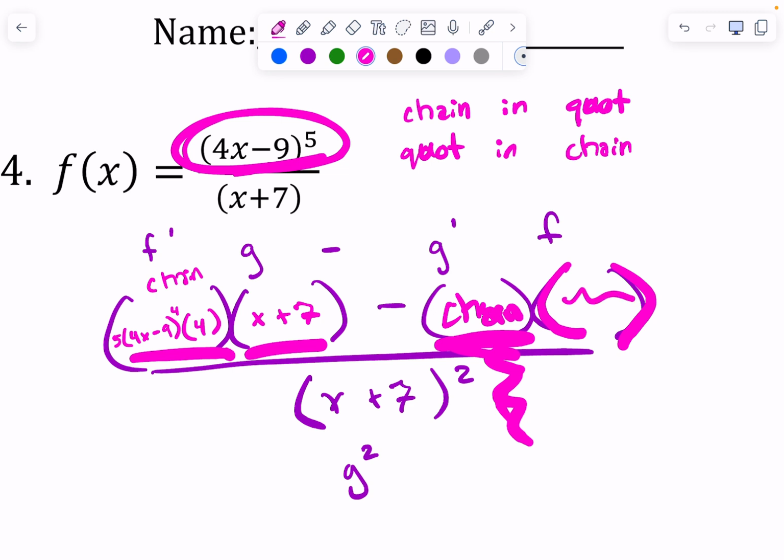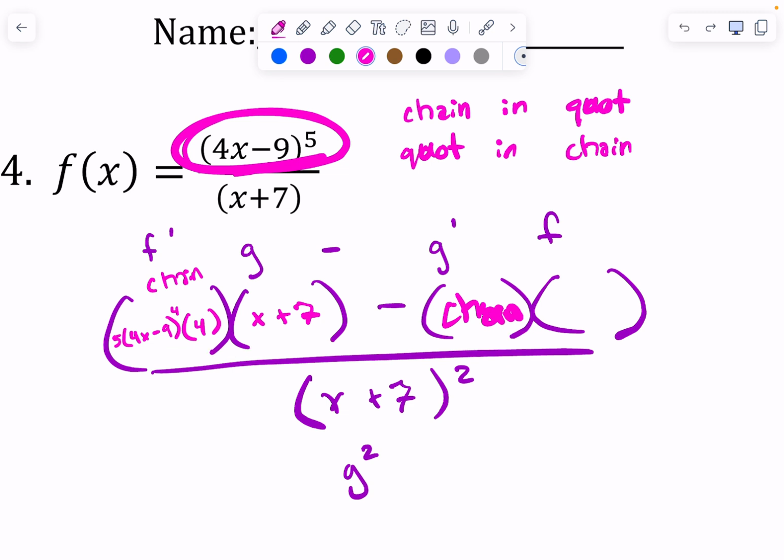Your chain is bring the 5 down in front, do the 4x minus 9 to the 5th power, and then you've got your 4 right here. So it looks like I have my 2 parts, but you don't, because you still have to do your other f. That's the whole reason why I do my little bubbles. Okay, good?